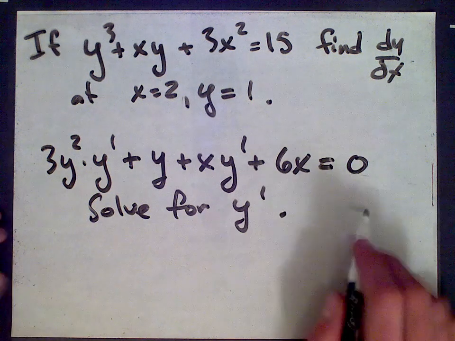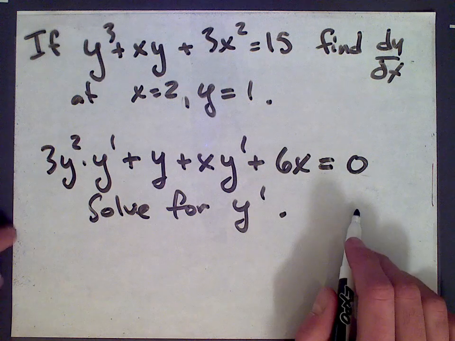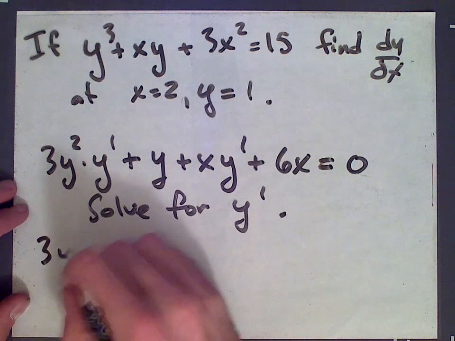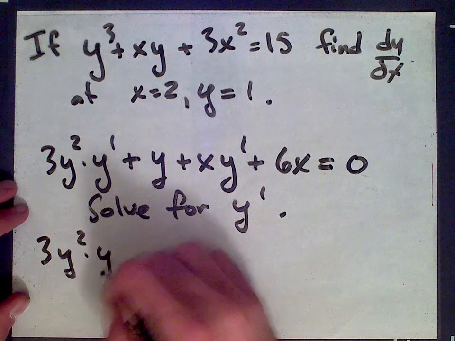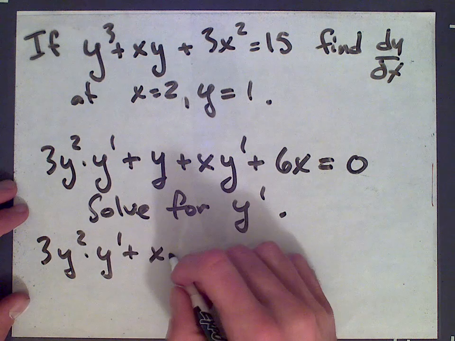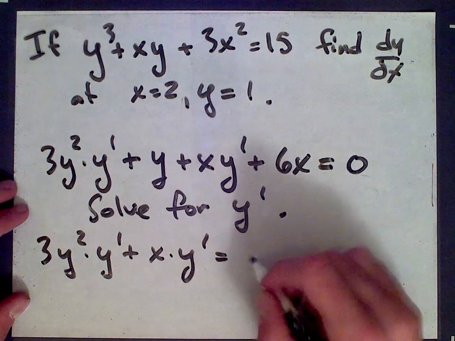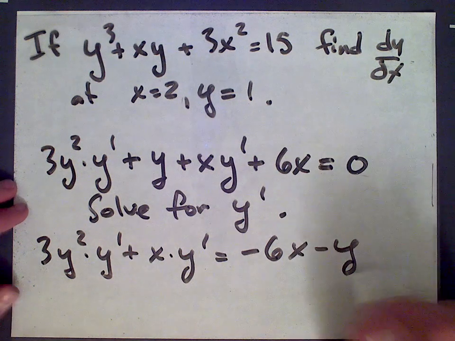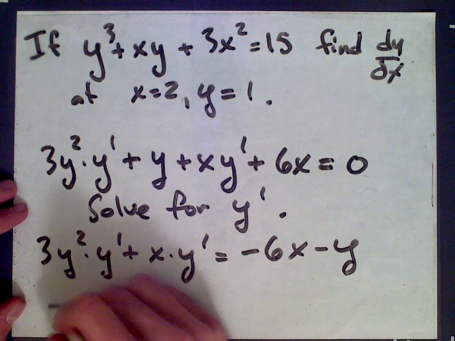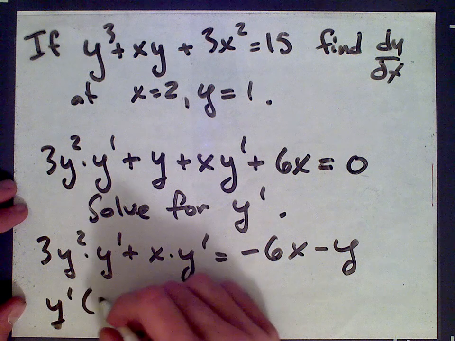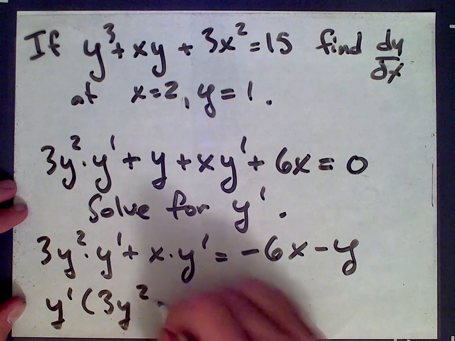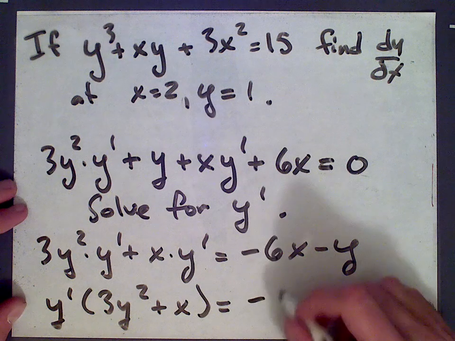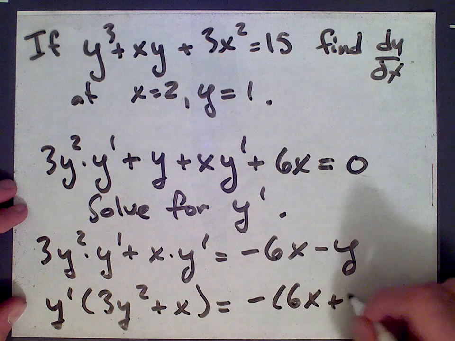Let's collect all the terms involving y prime on one side of the equation and move everything else to the other side. We get 3y squared times y prime plus x times y prime equals negative 6x minus y. Then we factor out a y prime on the left-hand side: y prime times (3y squared plus x) equals negative (6x plus y).